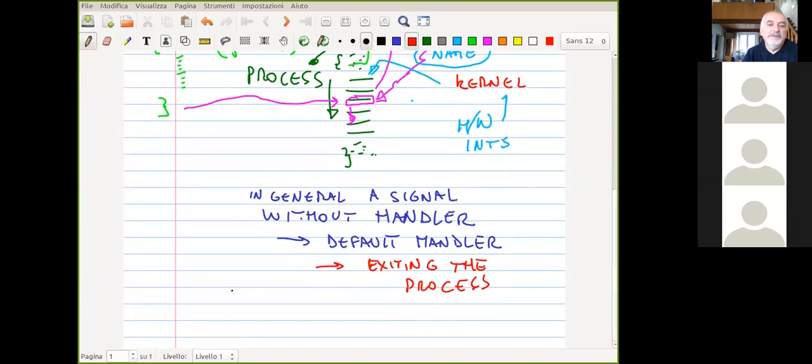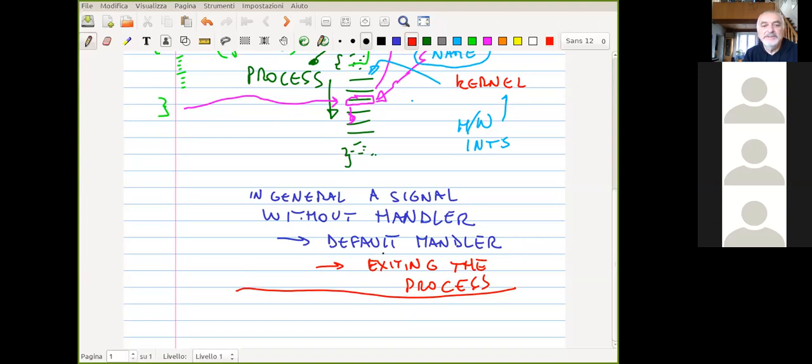This is another important situation. Not going into more details, some signals have only the default handler, so you cannot write a handler. They are the so-called strong signals, to be sure that they are so important that you cannot decide to treat them differently.